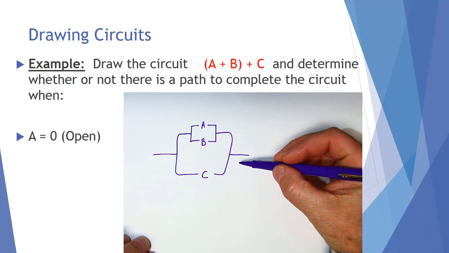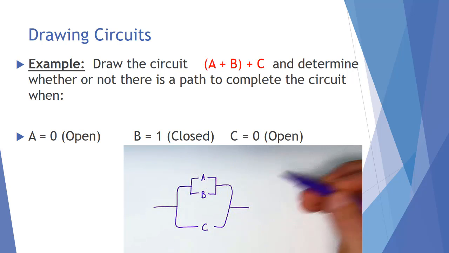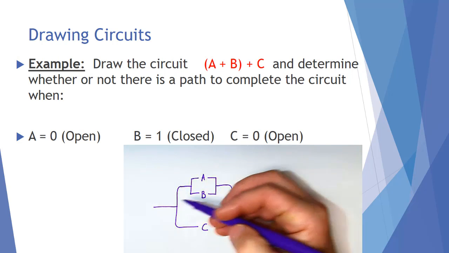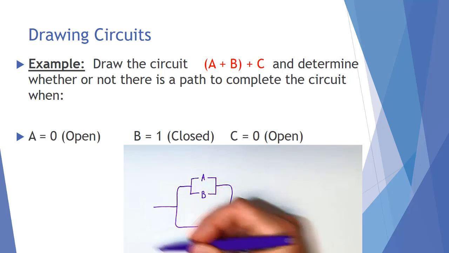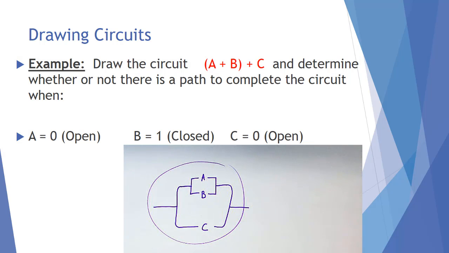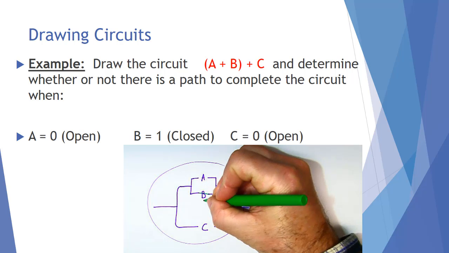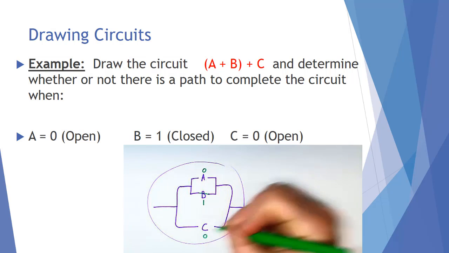So here's our circuit. Now let's determine whether or not there's a path to complete this. I want to note that even though we've drawn our circuit, we don't have to draw the light bulb and the battery and the other half. We're really only interested in drawing the switching part of the circuit. The rest of it is sort of given. Now, if A is a 0, that is to say open, B is closed, and C is a 0, which is open, that means that B is a 1, A is a 0, and C is a 0.